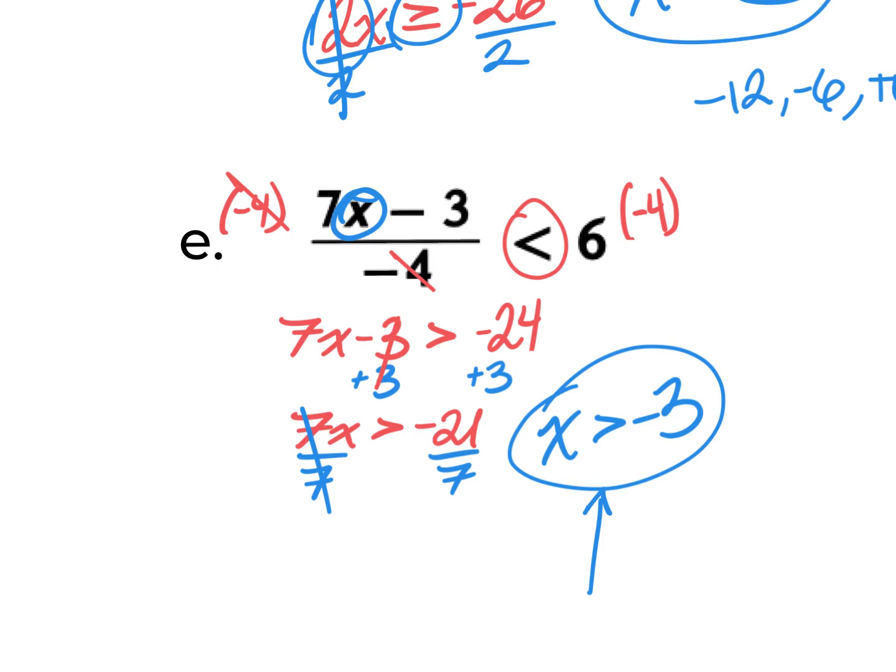So if I chose any value greater than negative 3, it will make my left side smaller than my right side. Okay, so if I chose 0 to go in for x, or if I chose 1, or 1,000, or negative 2.5, any of these values that are greater than negative 3 would make my sign of inequality true and make the left side of the equation lesser than my right side.